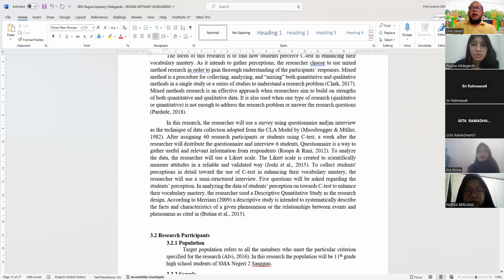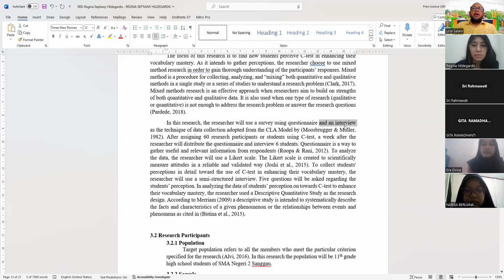So if you have these tools, meaning that you want to have more data. So the question is that if your research question is not asking about the detail of, like, C-test or whatever, so what is the interview for?